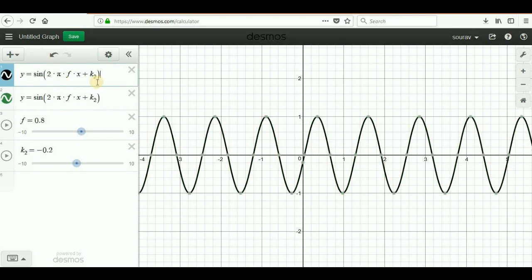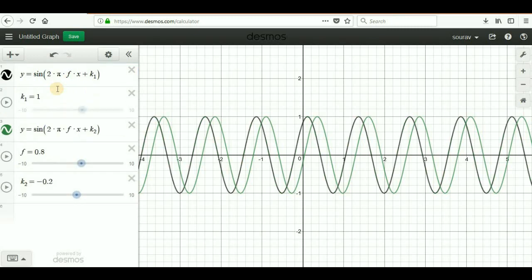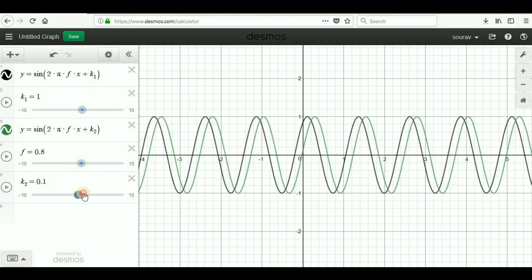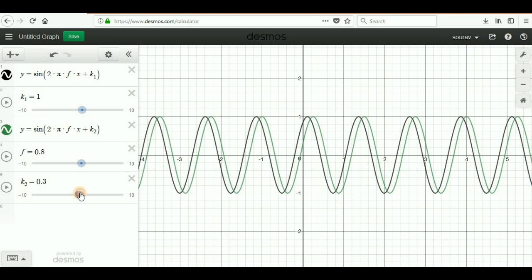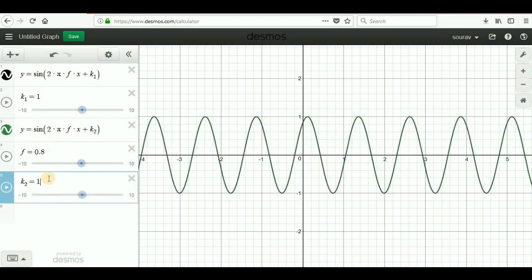In this case, we're going to use K2. We're going to use K1, right? Add a slider for K1. Now, as you can see, frequency is alright. K1. Let's bring both of them to 1. So now they're overlapping, right?